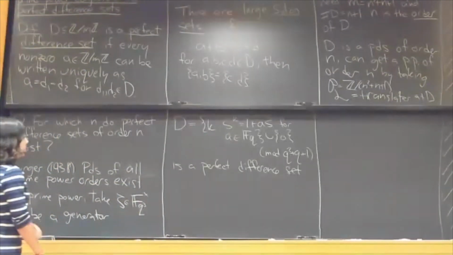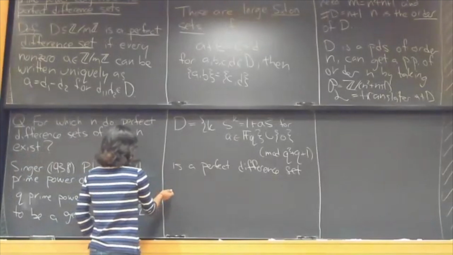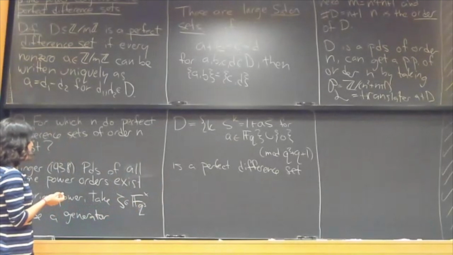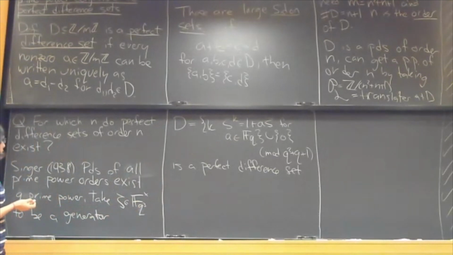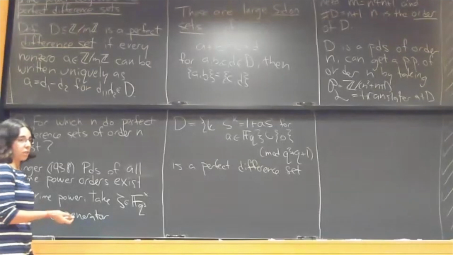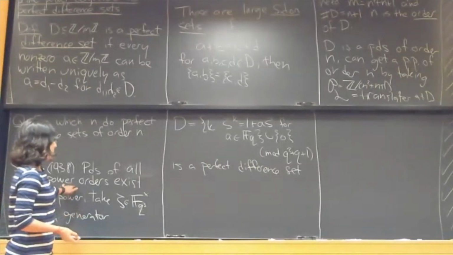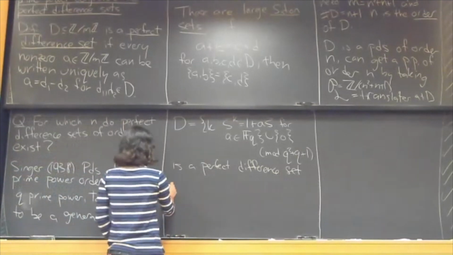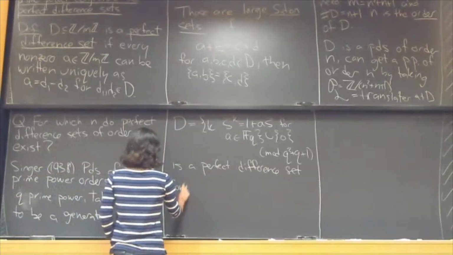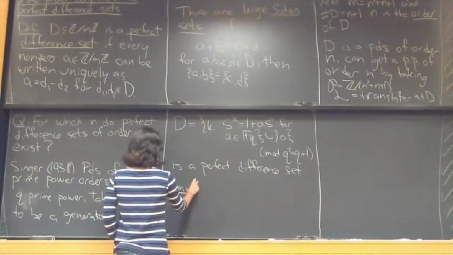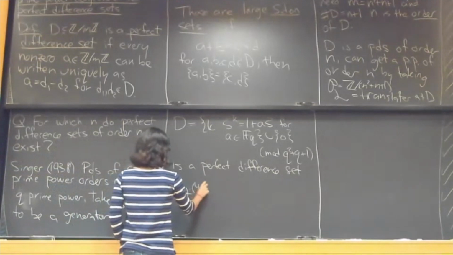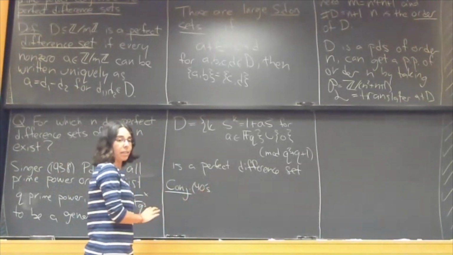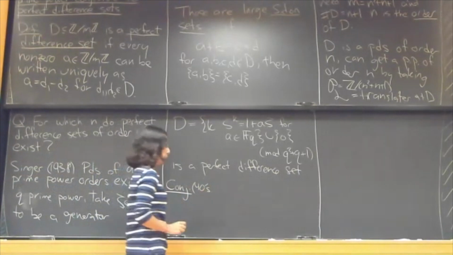Okay, so it's an old conjecture that these are the only orders for which perfect difference sets exist. That is, every order of a perfect difference set is a prime power. And this is known as the prime power conjecture. It goes back to the 40s. I couldn't find the definitive earliest paper in the 40s where it's mentioned.